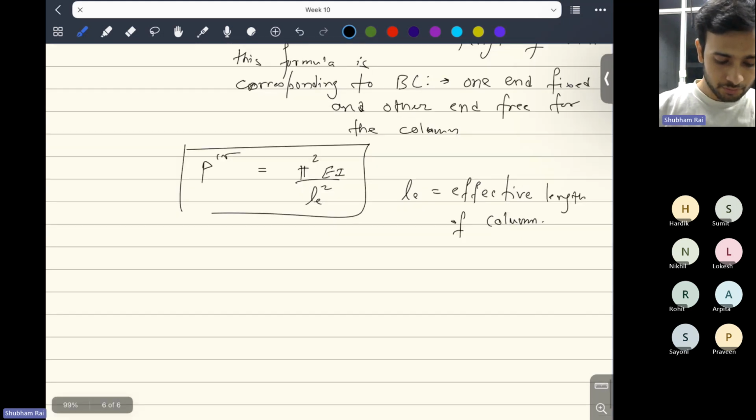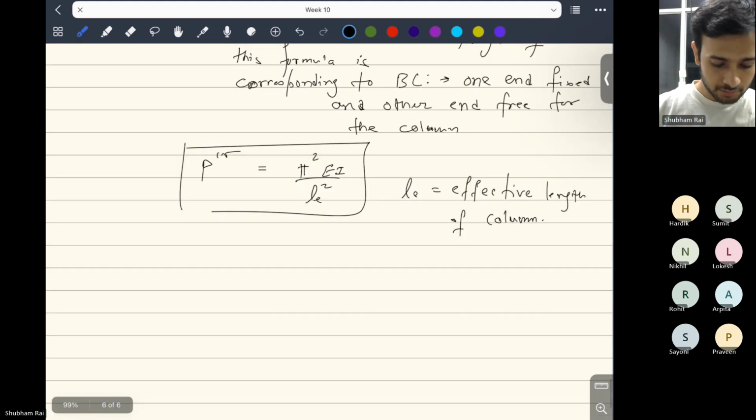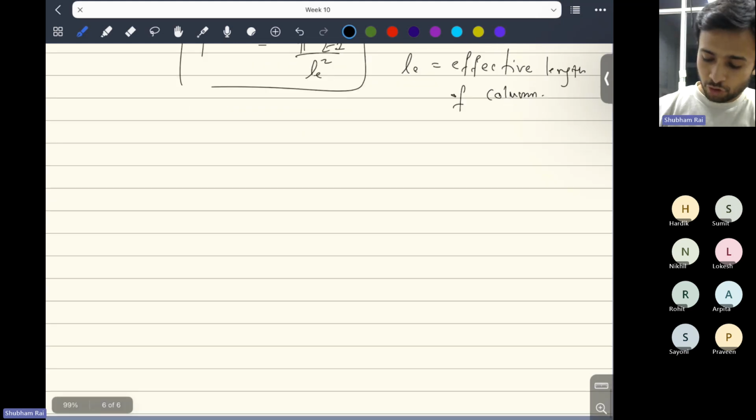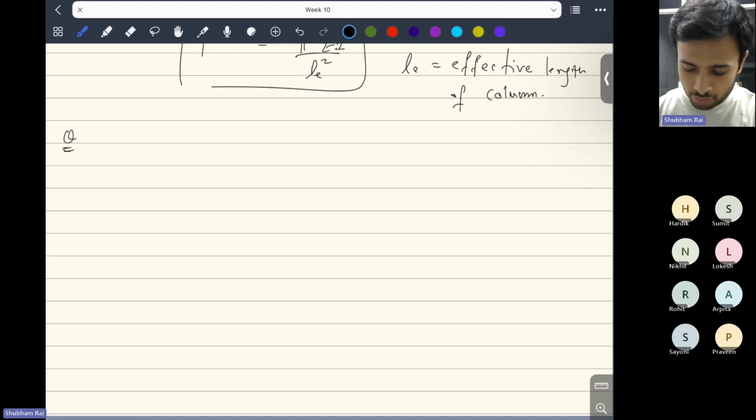Anyway, so let me just give you some questions. One question will be corresponding to the Euler-Bernoulli beam, the other will be corresponding to the Timoshenko beam. So let me write this question corresponding to the Euler-Bernoulli beam.